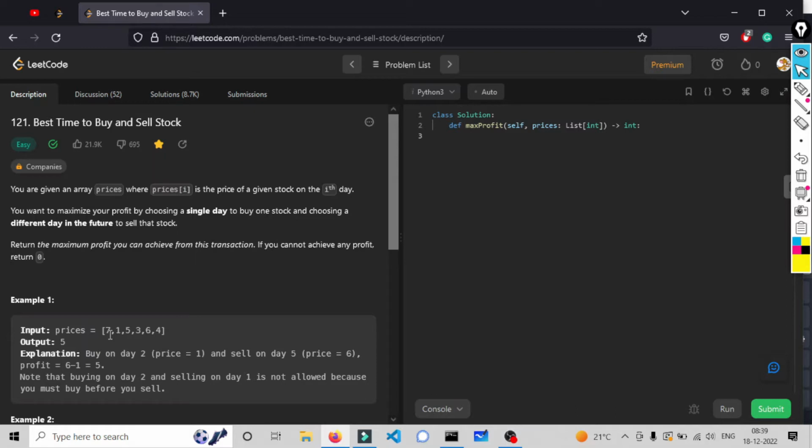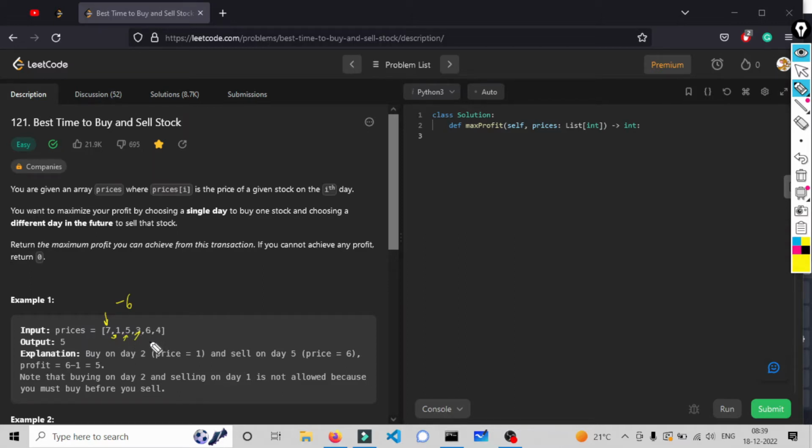If you take this as an example, if you choose to buy at 7 and sell at 1, then you will be at a loss of 6. If you choose to buy at 7 and sell at 5, you will obviously be at a loss.